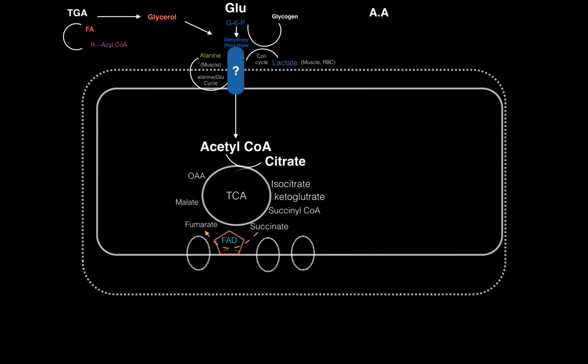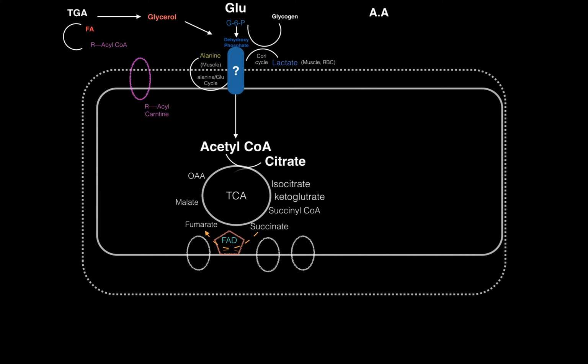So how do we activate fatty acid? By joining CoA. However, acyl-CoA, which is the activated form of fatty acid, cannot enter the mitochondria. It will need a special carrier. This carrier is called carnitine carrier protein.